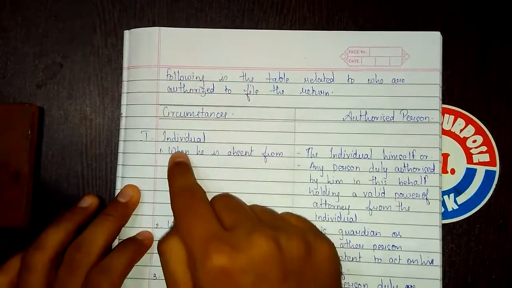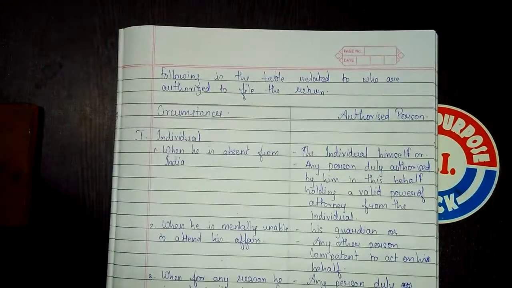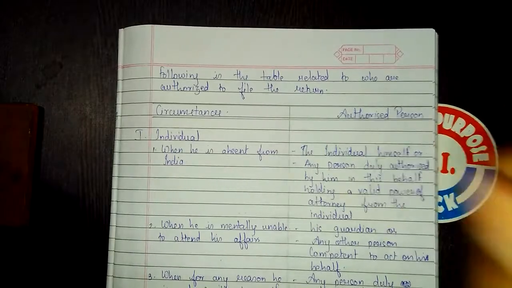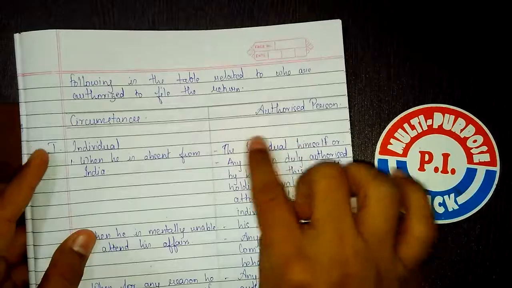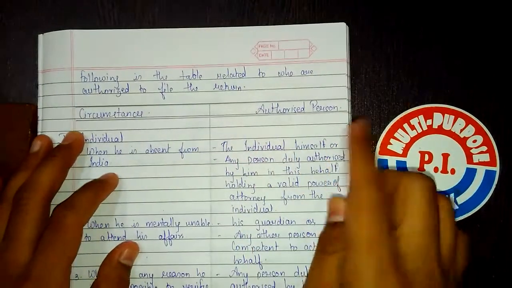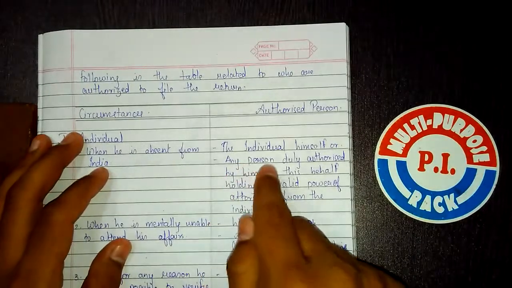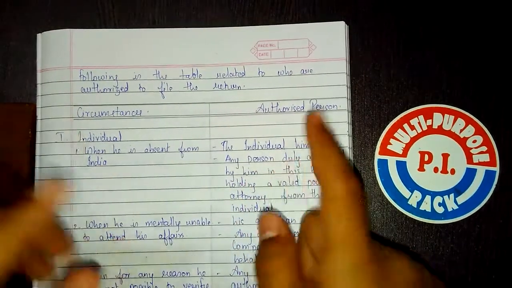See, individual, when he is absent from India. There might be a case when an individual who has to file the return is absent from India. That means he is not there in India, he is out of India. So who is the person liable or authorized to file the return? The authorized person is the individual himself. That means the individual should come back to India and file the return, or any other person duly authorized by him in this behalf.